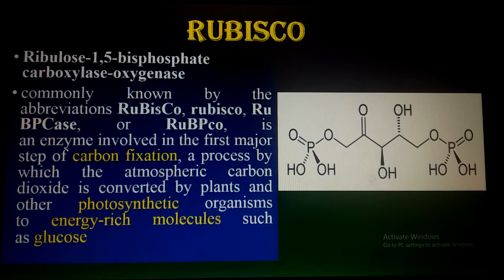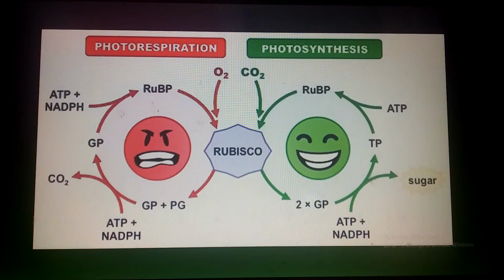Now, what is carboxylase and why is it oxygenase? This enzyme acts both as a carboxylase as well as an oxygenase. It becomes an oxygenase during photorespiration, which I will discuss in my next lecture. This is photorespiration.